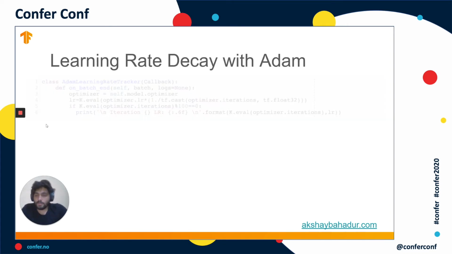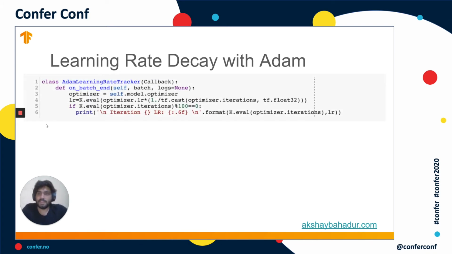What we do is we can have a callback function, and callbacks are called at the end of every epoch, or at the end of every training session. You can call this callback on the batch end also. That's if I'm training on a batch size of 64, 64 samples.